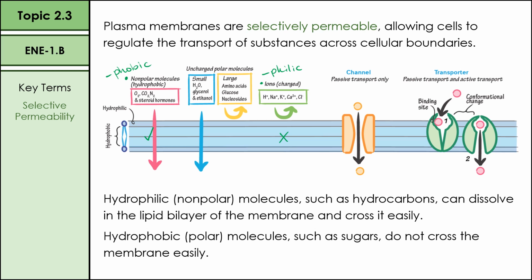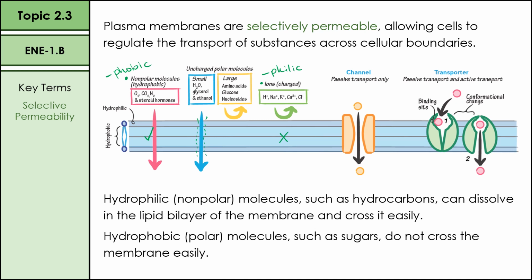Now, both these types of molecules are usually relatively small. So the second thing that we want to look for as far as whether or not we can move across the bilayer is our size. If we are relatively small, then we can easily pass across that bilayer. That's because we can kind of fit in between the phospholipids in the membrane.